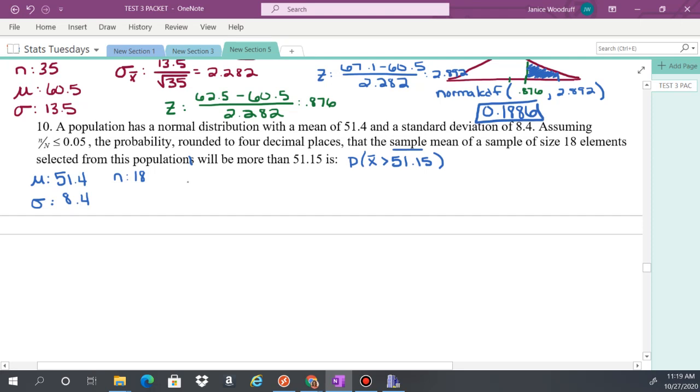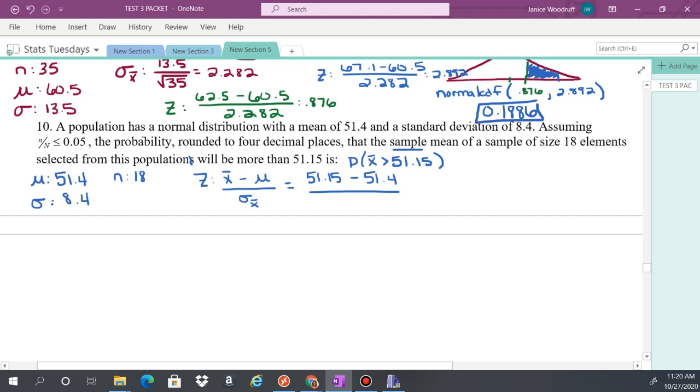So the z-score is going to be x bar minus the mean over the standard deviation of x bar. So when I'm filling this out, I've got x bar of 51.15. I have a mean of 51.4. And then the standard deviation of x bar I do need to find.